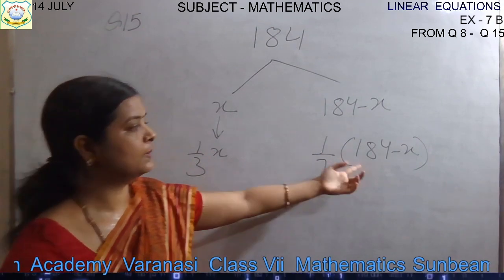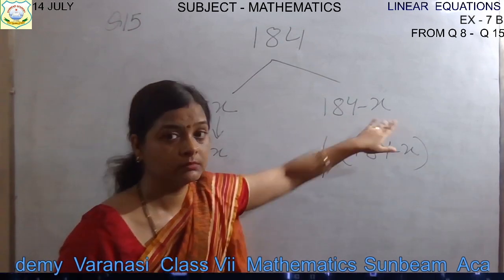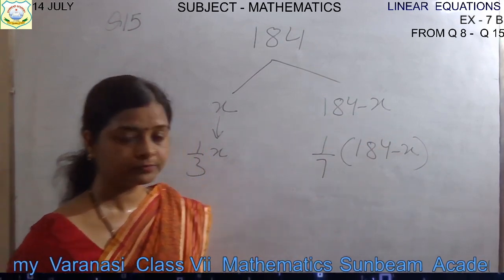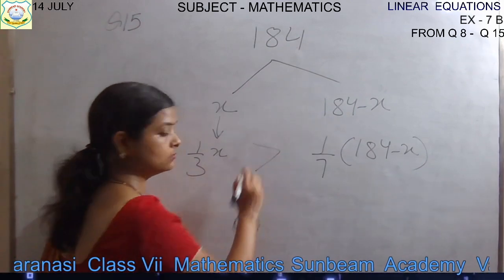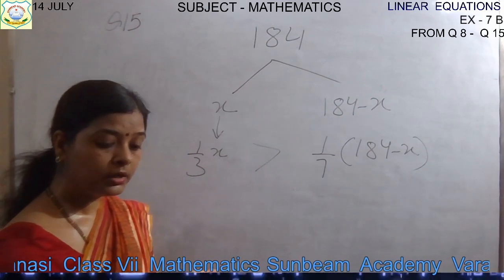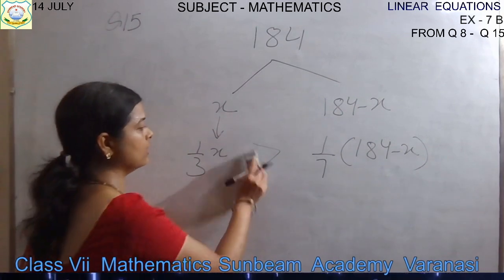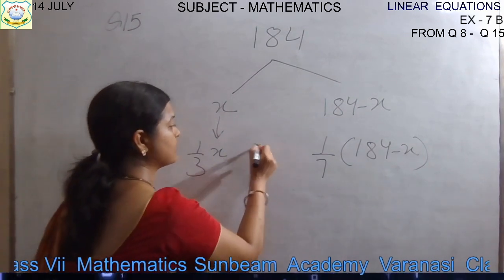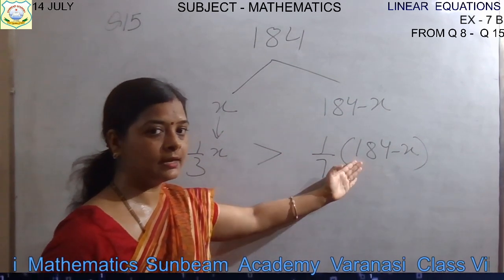Keep the 2 terms in brackets. And it is exceeding, it is more, by 8. This number, 1/3 of the first number, is exceeding the second number, 1/7 of the second number, by 8.